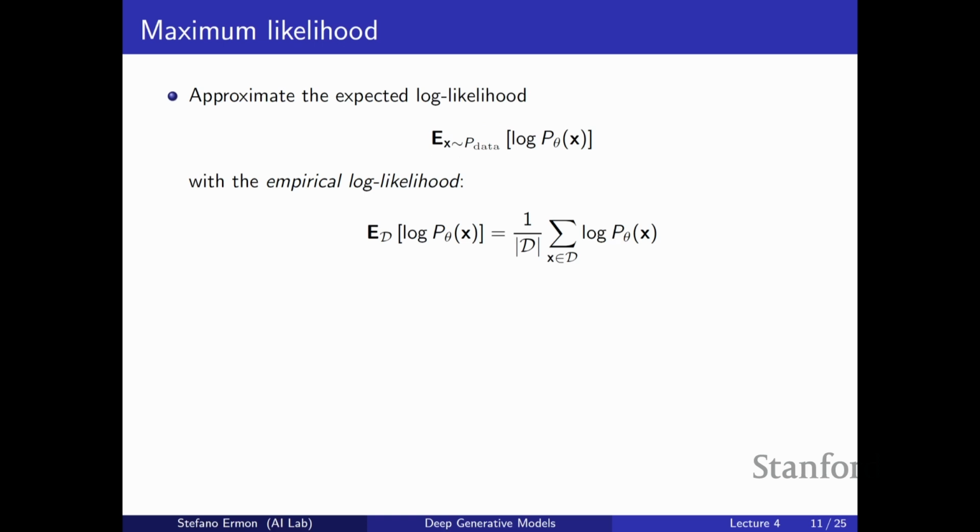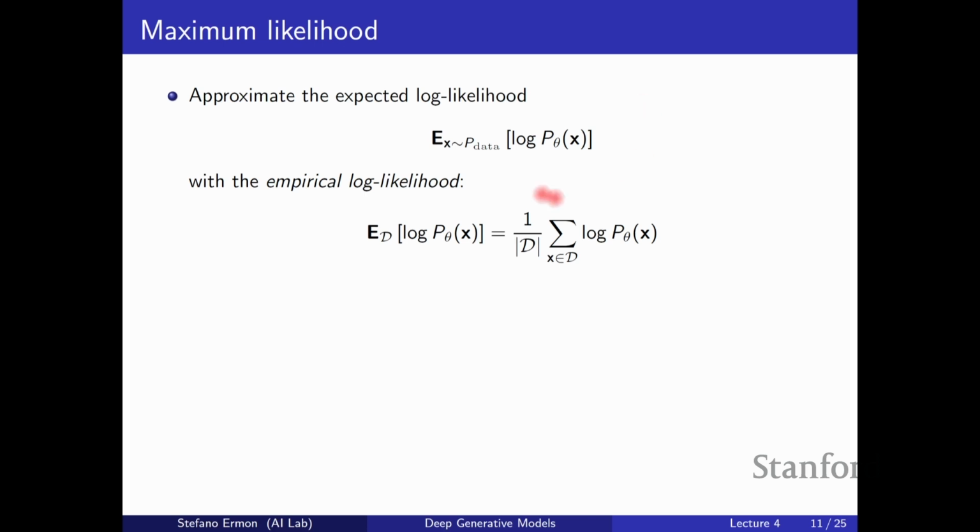That we don't have access to, but we can approximate it by going through our data set and checking the log probabilities assigned by the model to all the data points in the data set. To the extent that the data set is sufficiently large, I claim that this is a good approximation to the expected value. The intuition is that you have an expectation, you have a sample average. To the extent that you take an average with respect to a large enough number of samples, the sample average will be pretty close to the expectation.